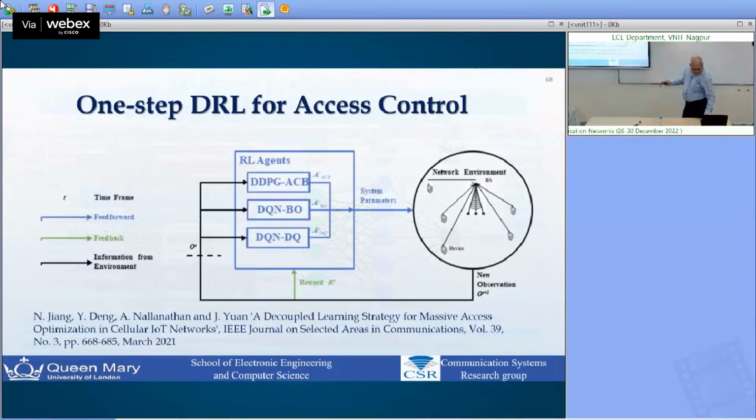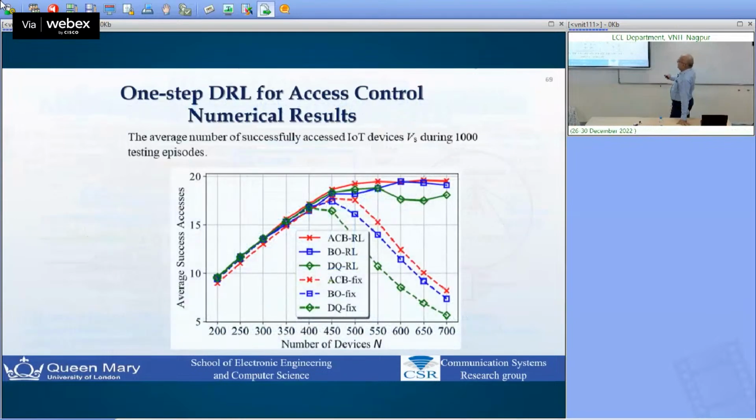Now the question is, when you increase the number of devices and use reinforcement learning with these 3 schemes, what is the average success? If you fix the ACB factor, when the load increases it will fail. For example, say you fix the ACB factor at 0.5. Up to 100 or 200 devices, 0.5 is fine.